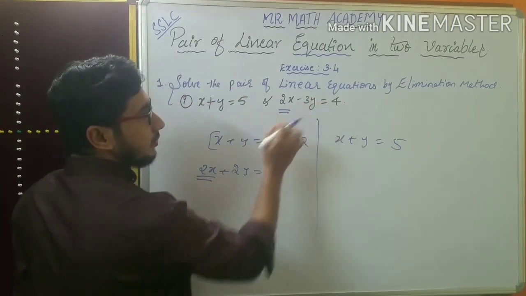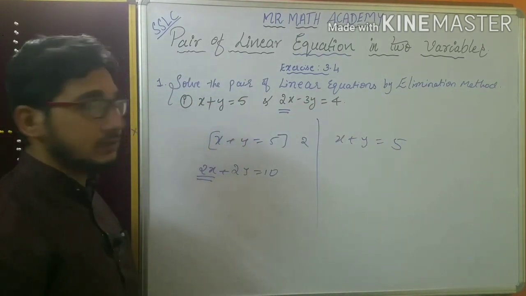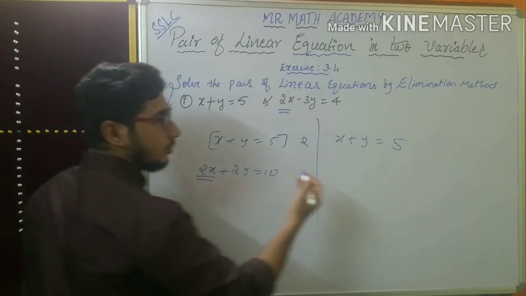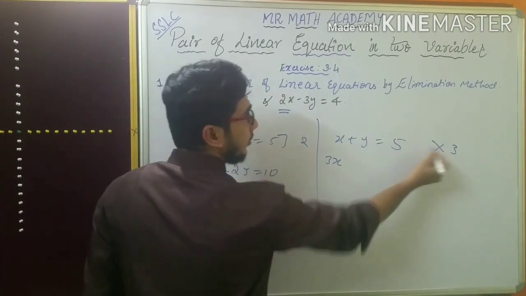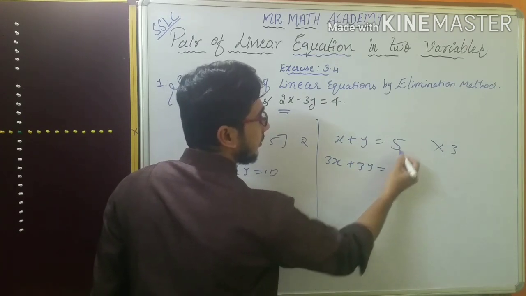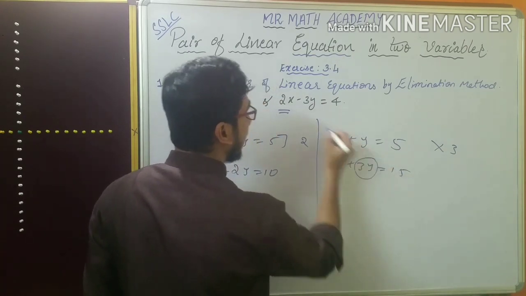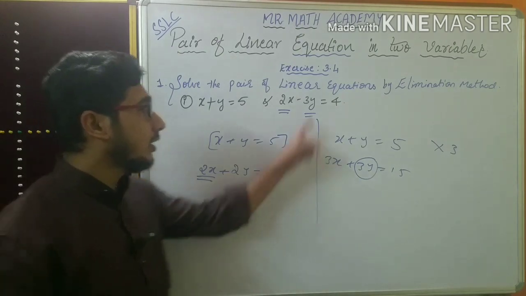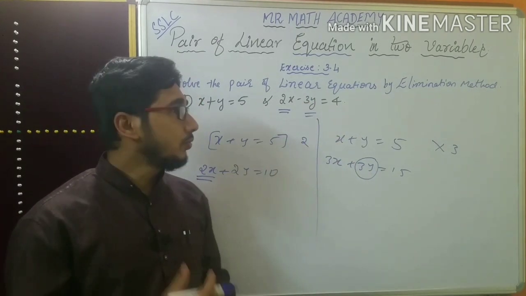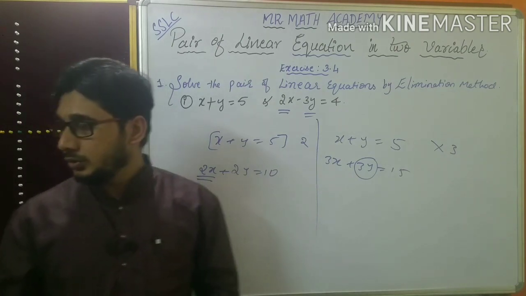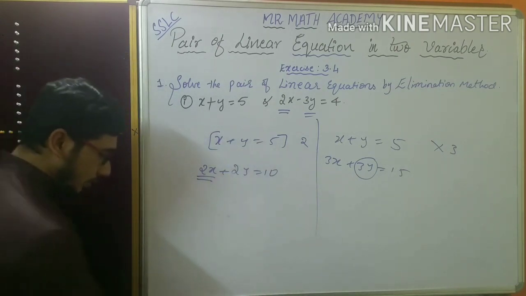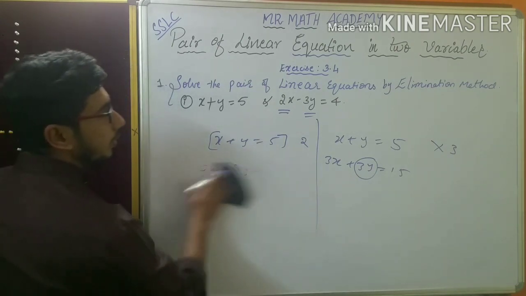See, the coefficient of y is 3. Then I will multiply the entire equation by 3: 3 into x, 3x, plus 3 into y, 3y, is equal to 5 3s are 15. Now this 3y is equal, then we can cancel these two. So which one is easy? I will take that one and do the simplification so that you can do the problem very easily.